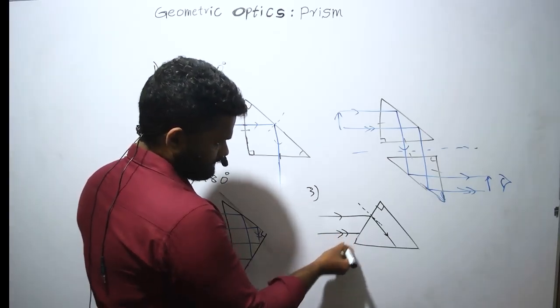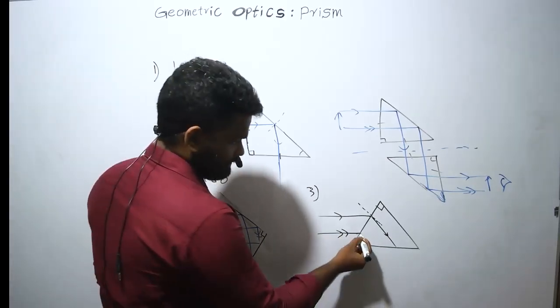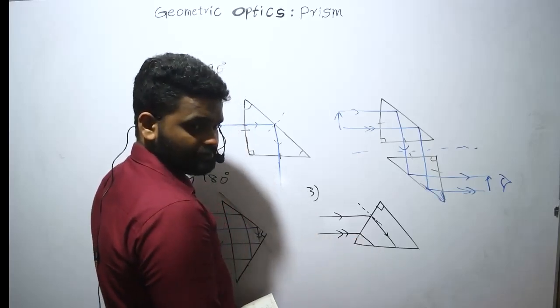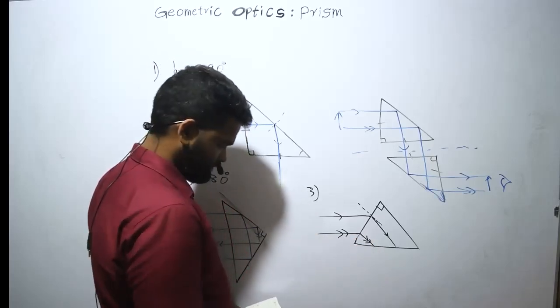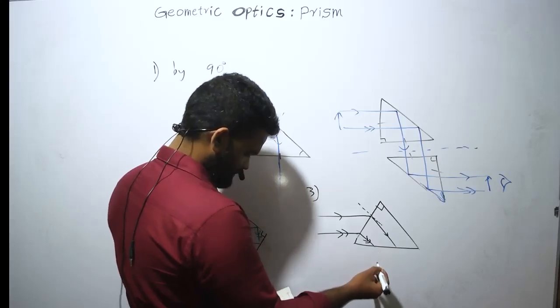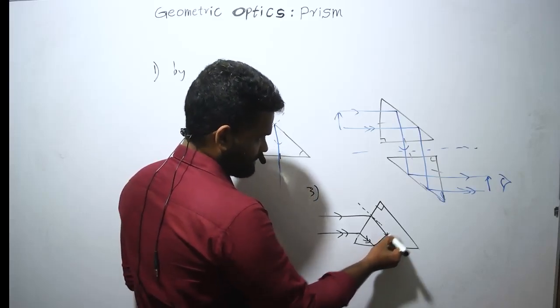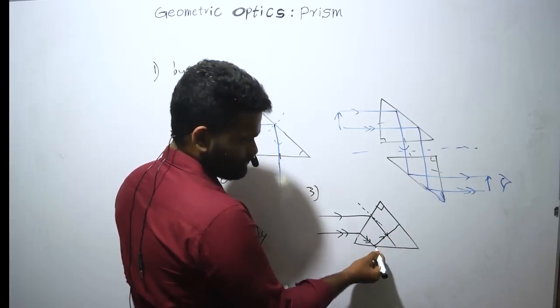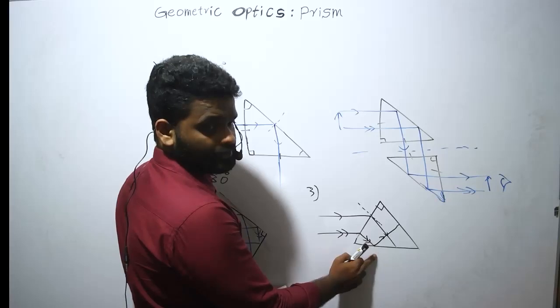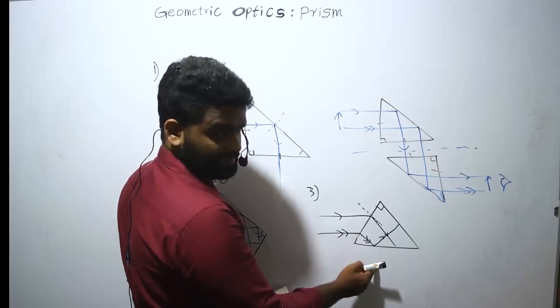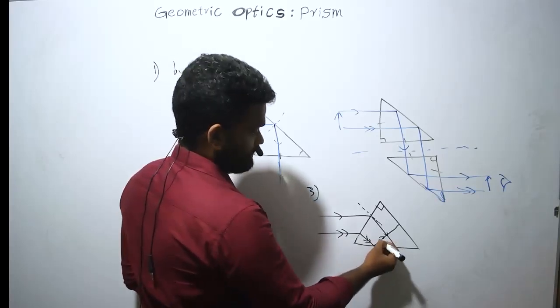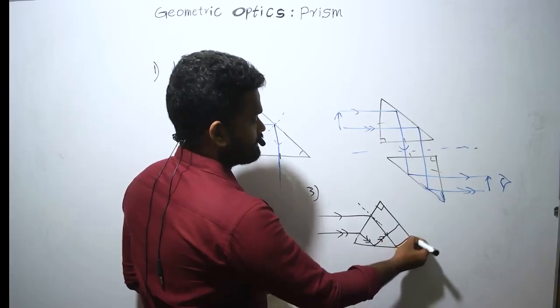Then another ray. Then again it refracts into the prism, right? Then this ray gets totally internally reflected at this point, right? Because it is greater than 45. That is double arrows. Then again this one.